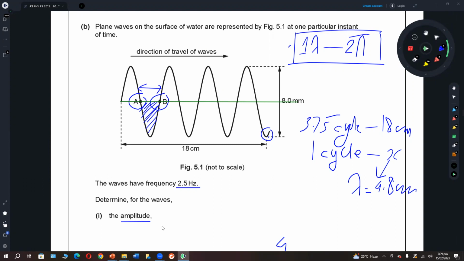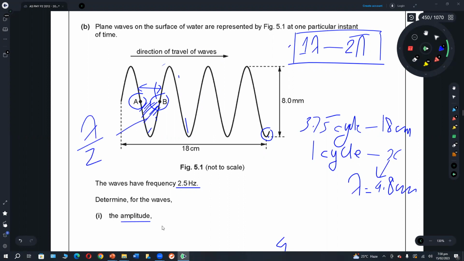Remember, what is 1 lambda? If you travel from here to here, this is 1 lambda. So this will be half lambda. Yes, perfect. It is lambda by 2.